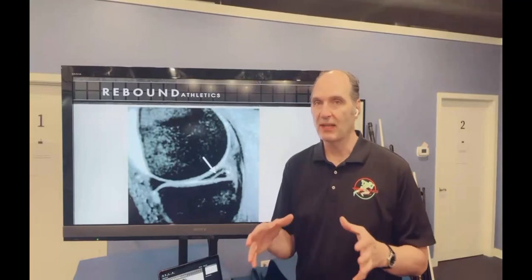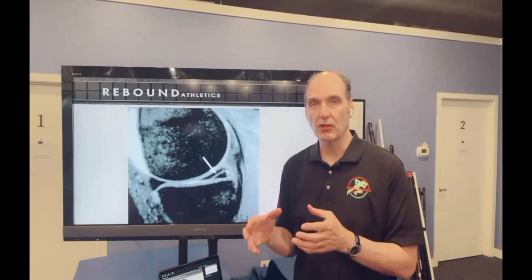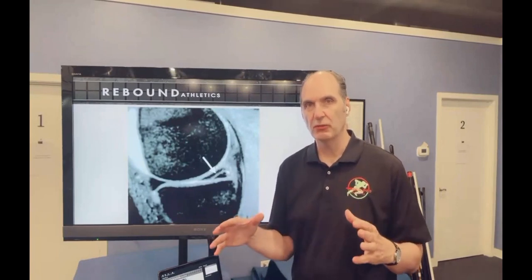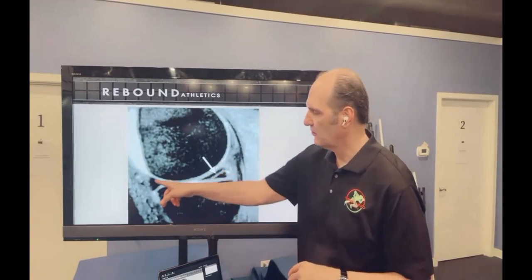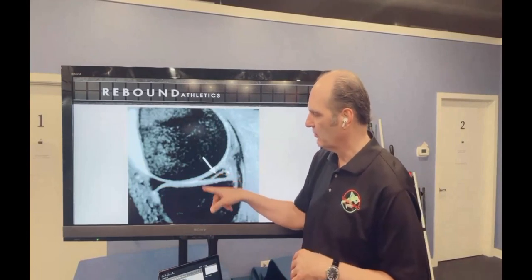So most people in the States, when you get an ACL tear, you can make that diagnosis with your hands as an orthopedic surgeon, but we always get an MRI because of these associated injuries. And you can see on an MRI a meniscus tear. These black triangles are the meniscus. It's a more dense structure, and these are the bones.